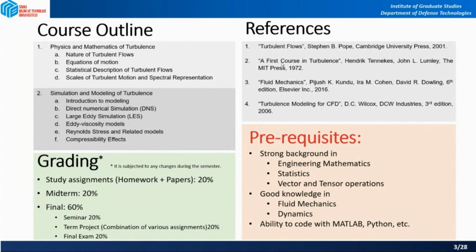In the second part, we will focus first on direct numerical simulations, or DNS. DNS is basically solving the Navier-Stokes equations without any assumption, so without any modeling. Obviously, if your Reynolds number is low or you are in laminar flow, there is no problem solving the Navier-Stokes equations.